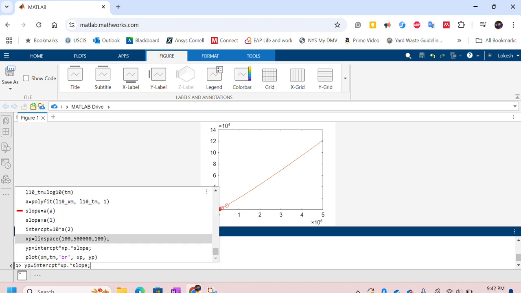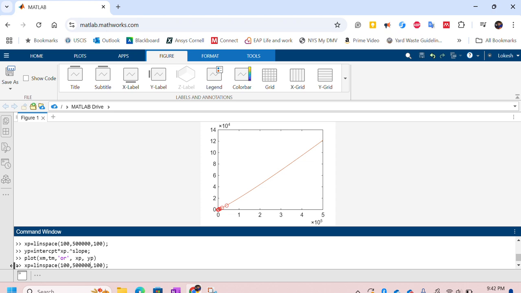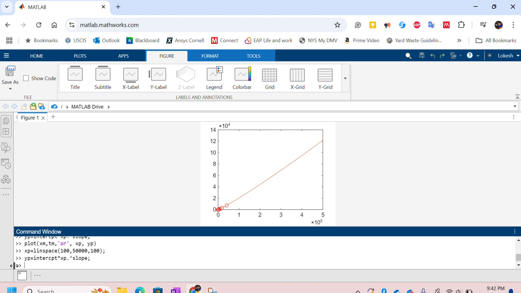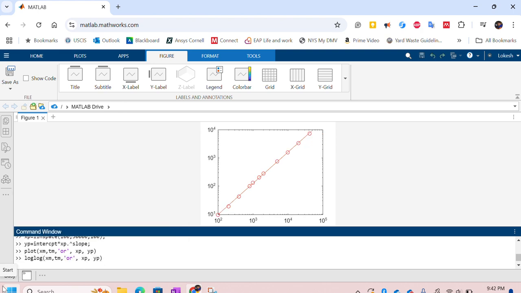So let me just go and fix that one first. This one is this, and that also changes my yp, and that will change my plot to look a little bit better than this. But still I want to see it on the log plot, so I'm just going to say log of this, and that one represents the values of the man world record of different types of the races that we had.